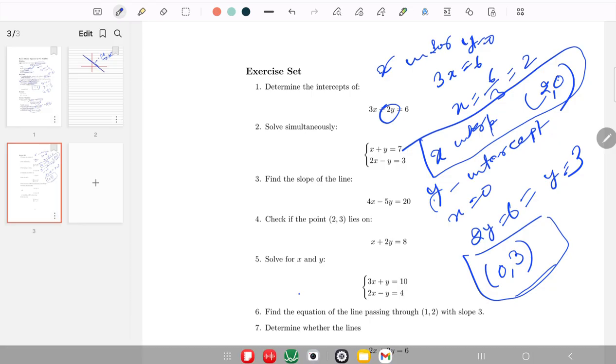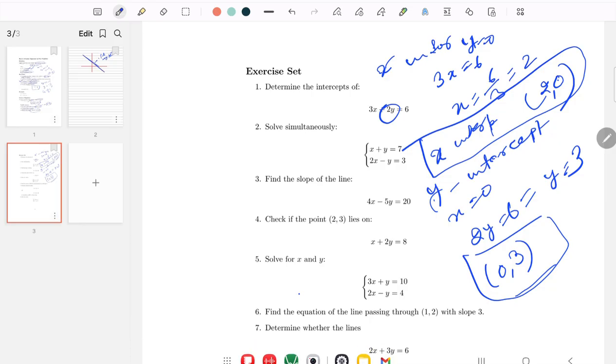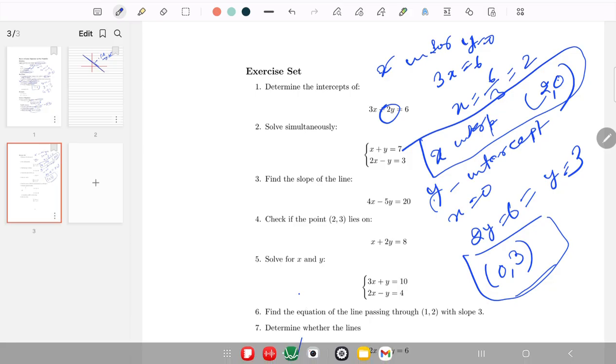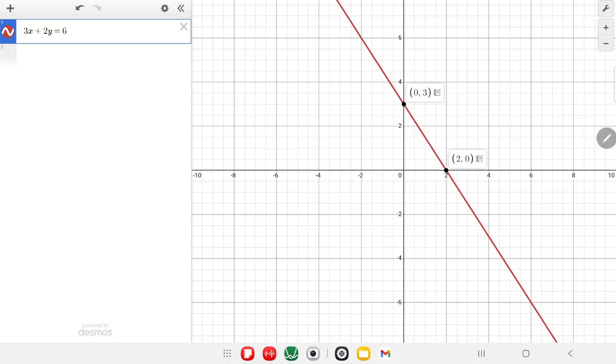Now we will see it in the graph. The equation is 3x plus 2y equal to 6.